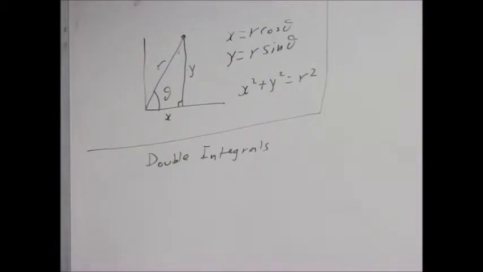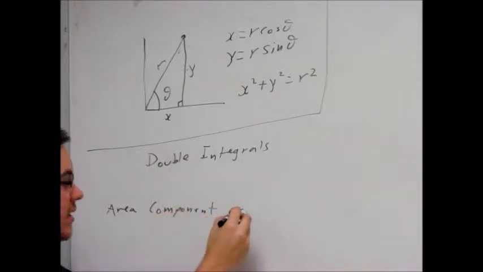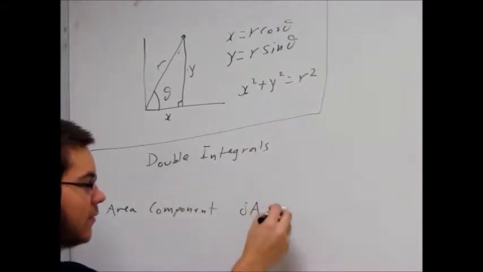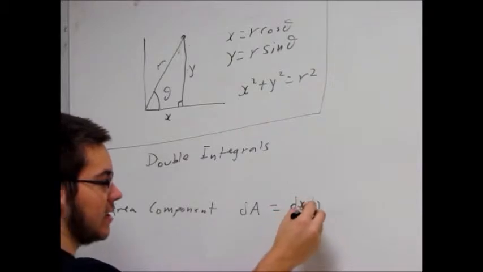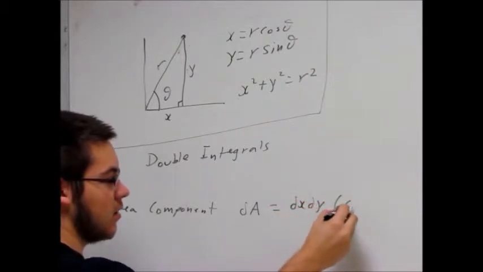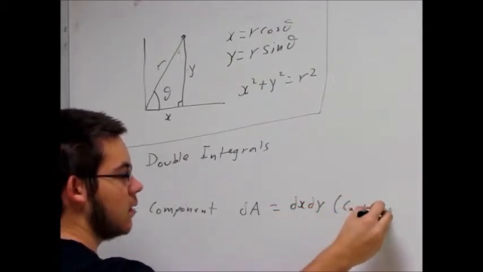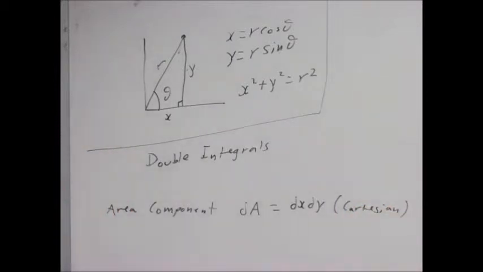What you've got to do is find another way to express your area component in the double integral, which in this case is dA. In Cartesian, dA equals dx dy. So we want to see what dA is in polar.